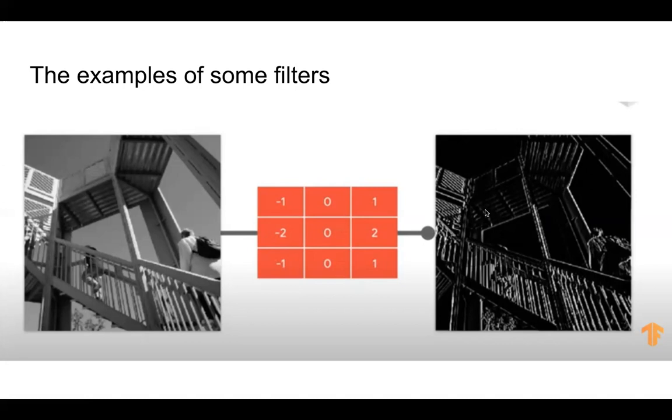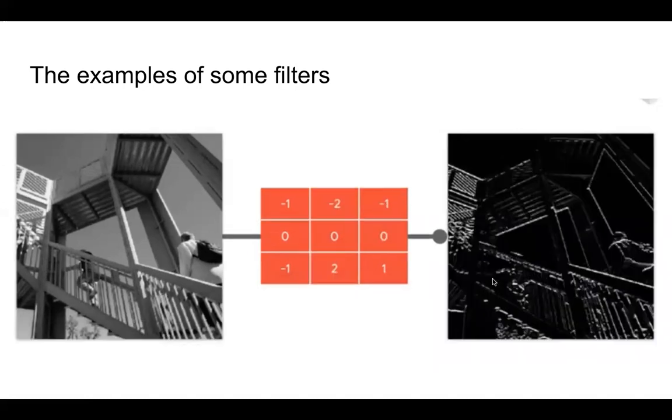So we see clearly the vertical lines. Then if we try to apply different filters, then we see here that everything has been removed and the horizontal lines are more prominent here.